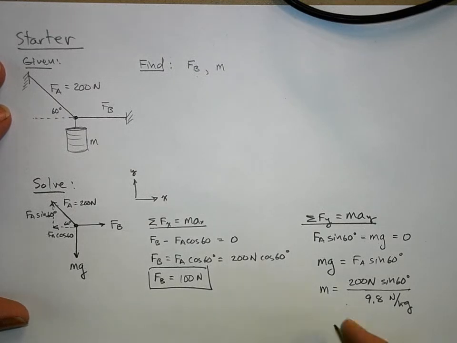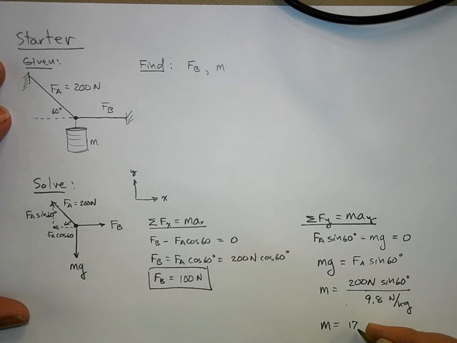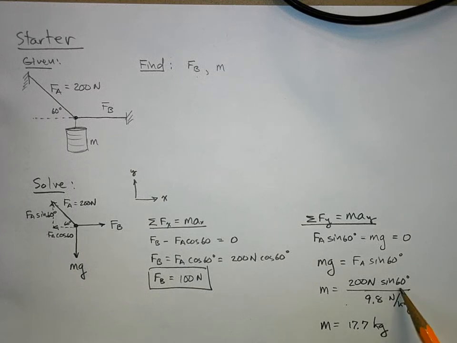And when we go through the arithmetic, what do we get for our mass? 17.67, or how about just 17.7 kilograms? Let's see. Sine of 60 is 0.8, almost 0.9, so then you divide that. But yeah, that looks reasonable to me. Does everybody agree with that arithmetic? Did you go through it?